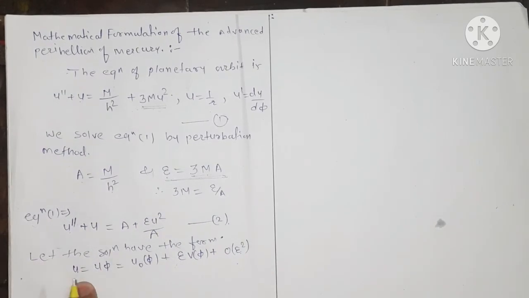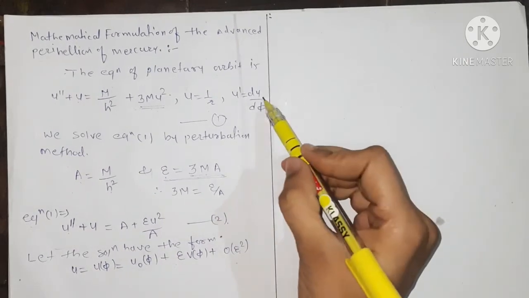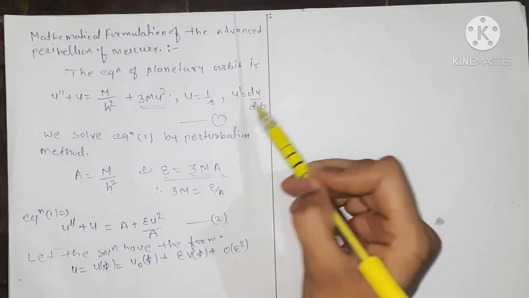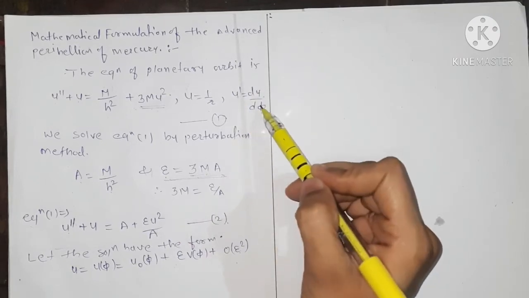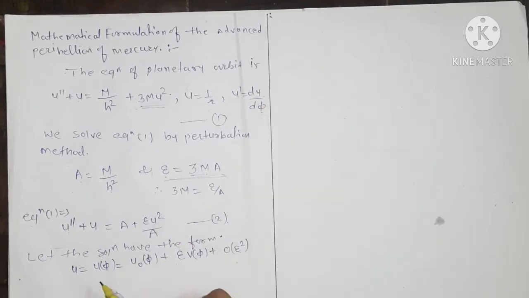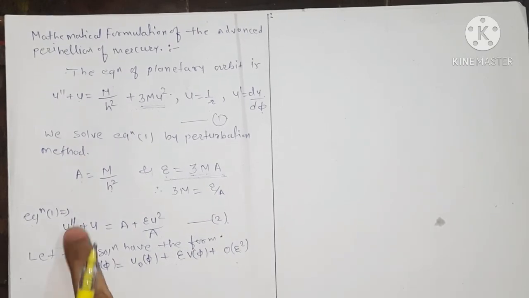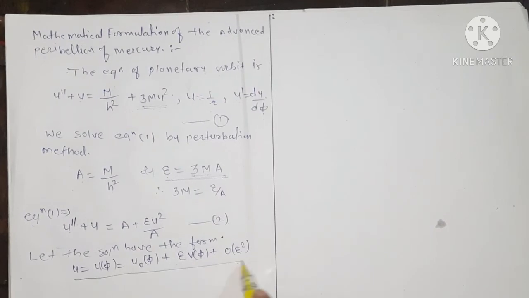Solution of this equation is in the form u equals u of phi. Since du upon d phi is there, u dash equals, so when we integrate this, u becomes an equation in terms of phi, that is, u depends on phi, and so we have u0, the initial velocity, and v as the final velocity. So we have the solution of this equation in this type.